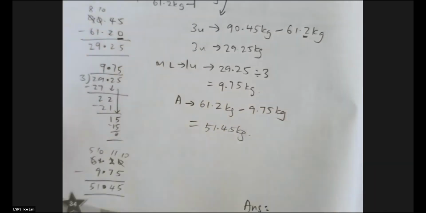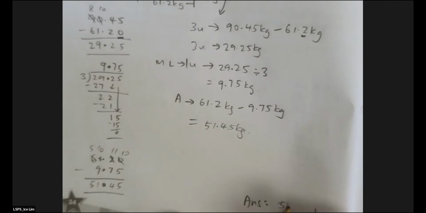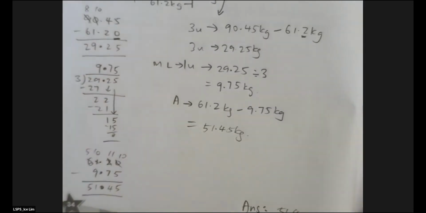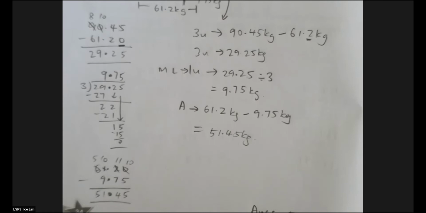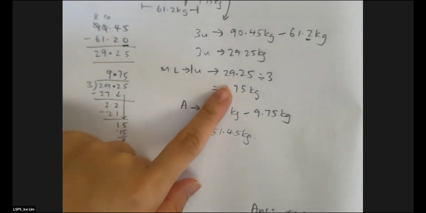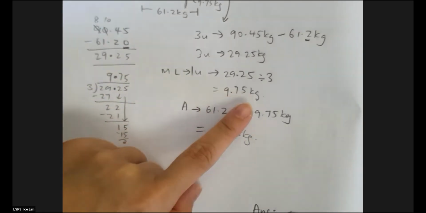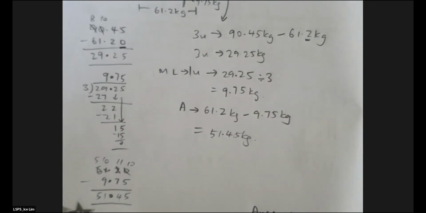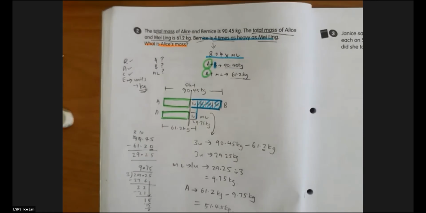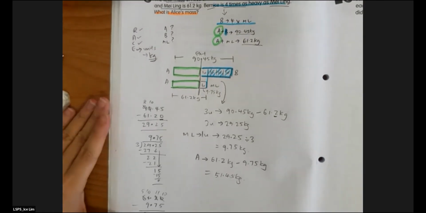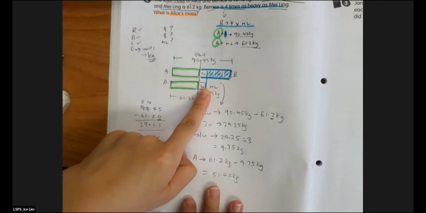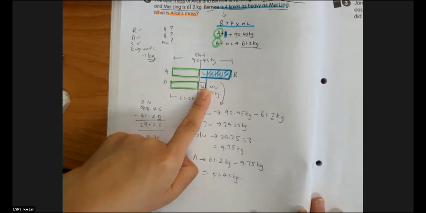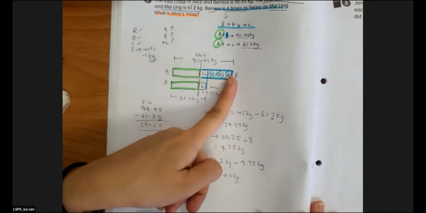Seems like Alice is quite a heavy kid. Whereas Mei Ling, 9.75, maybe like the size of a toddler, a baby. Okay, it is all right. So this is this question. Now I choose to use a model for this because I can see the relationship better.